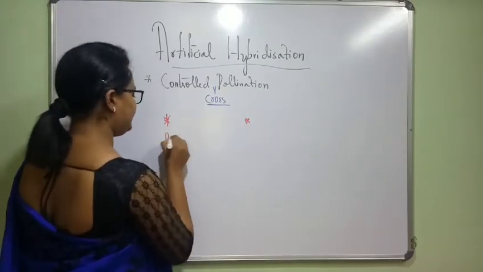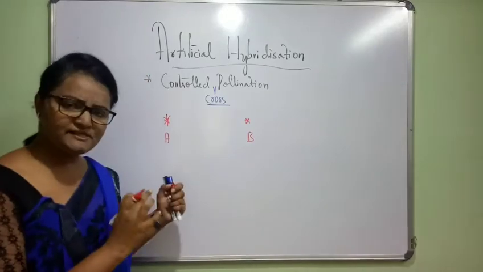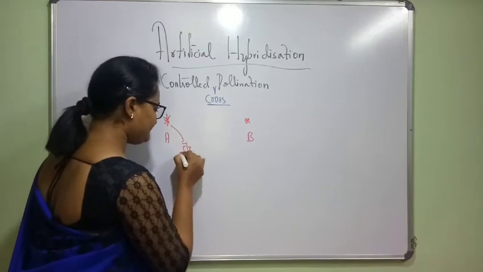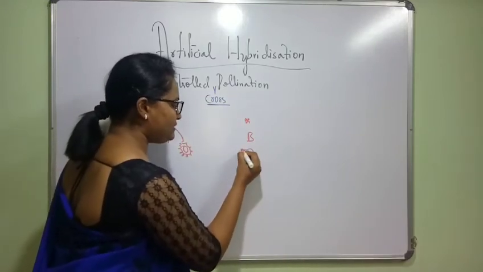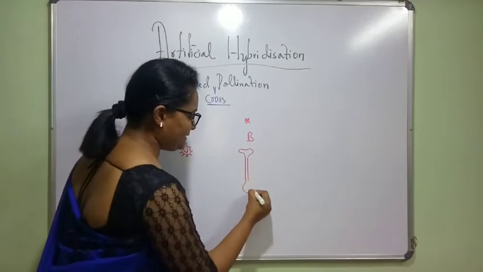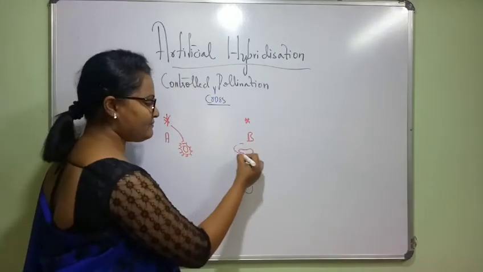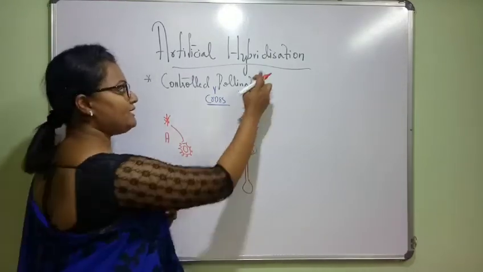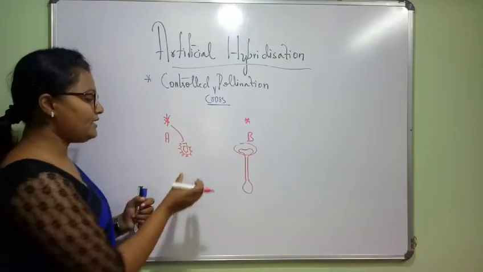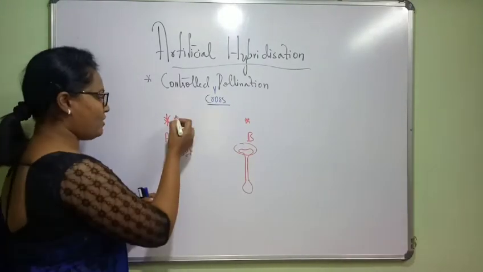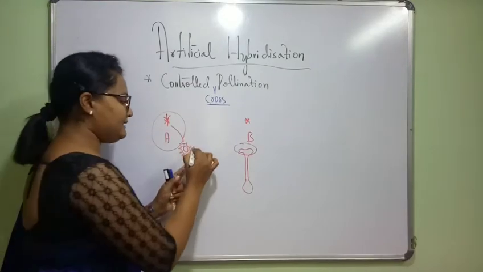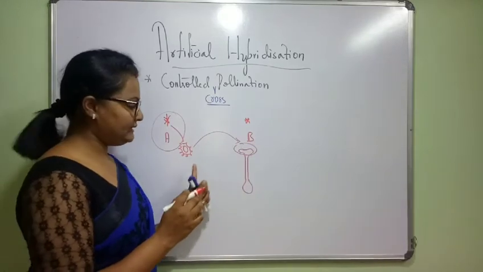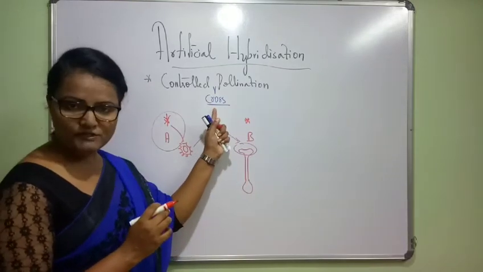Just imagine this is plant A and plant B, or species A and B. From plant A they take pollen grains and dust them on the stigma of plant B. The researcher performing hybridization collects pollen grains from the plant A variety and dusts them on the surface of the stigma of plant B. This pollination we call cross pollination.